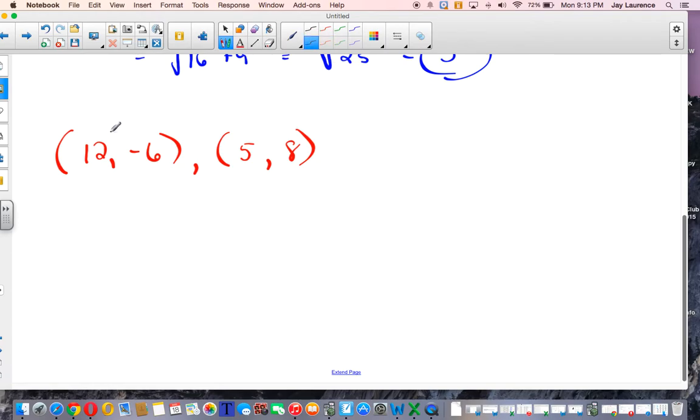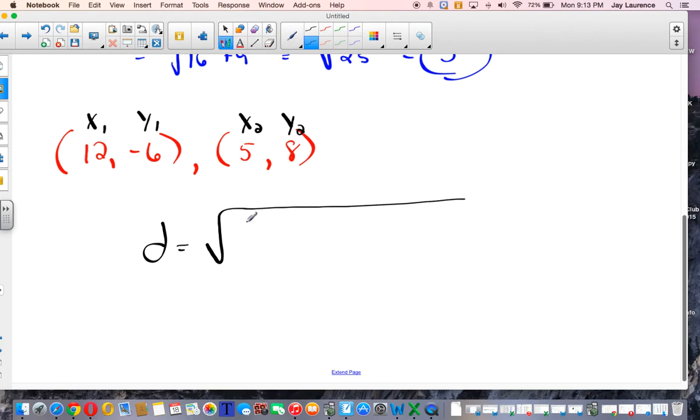All right, let's do one more using the distance formula. And we're going to go x sub 1 and y sub 1, and x sub 2 and y sub 2. And so the distance formula is square root of x sub 1 minus x sub 2 squared plus y sub 1 minus y sub 2 squared.